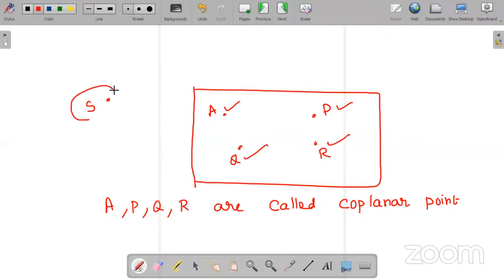But S does not lie in this plane. So S is not coplanar.